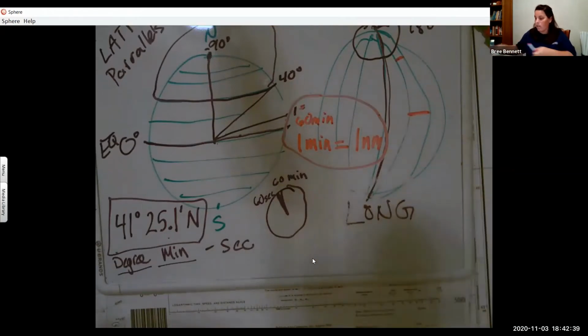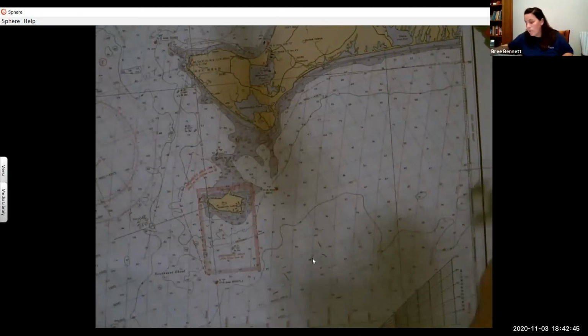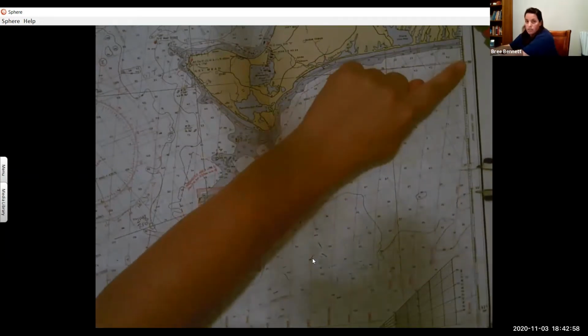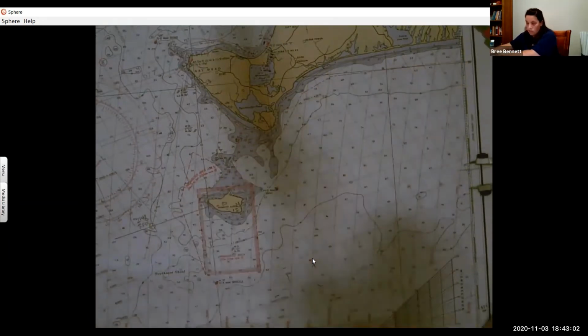That's why on our chart, if we are measuring distance, we can use our latitude scale to measure. 1 nautical mile is 1 minute. So here's 15 minutes, here's 20 minutes. So there's 5 minutes in between. This would be 1 minute, also equal to 1 nautical mile.